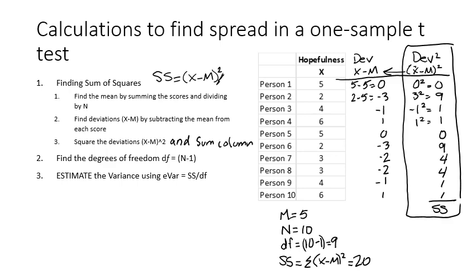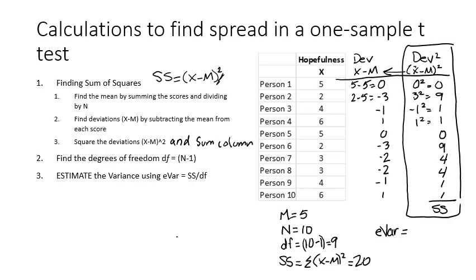Next, we estimate the variance using SS divided by degrees of freedom. And again, as you saw in the previous chapter, that allows us to have a variance that's unbiased. And so let's go and calculate the estimated variance. I call it EVAR. It's easier than what your book calls it, which is S squared, which I've always found confusing when you're just beginning in stats.